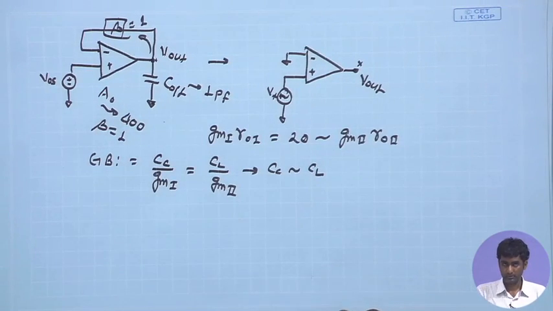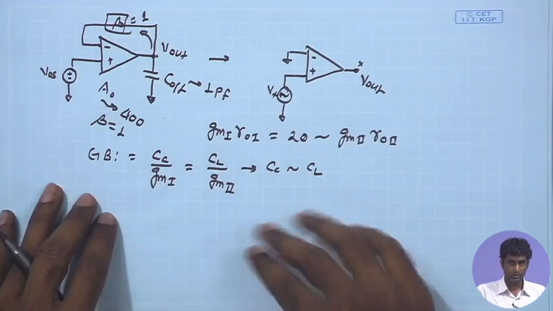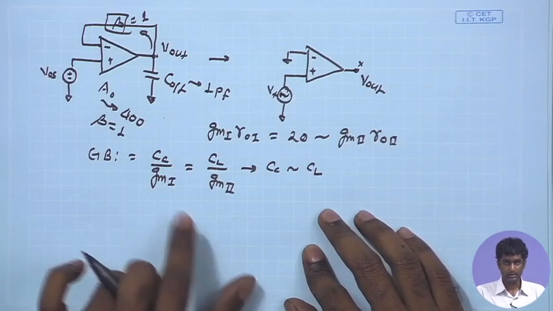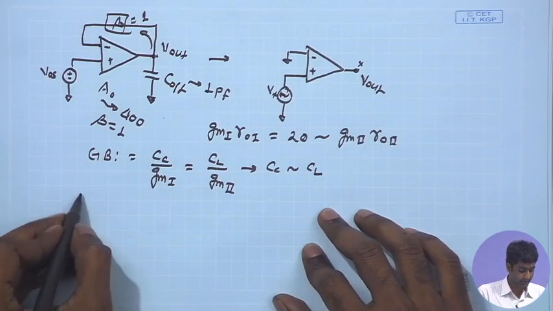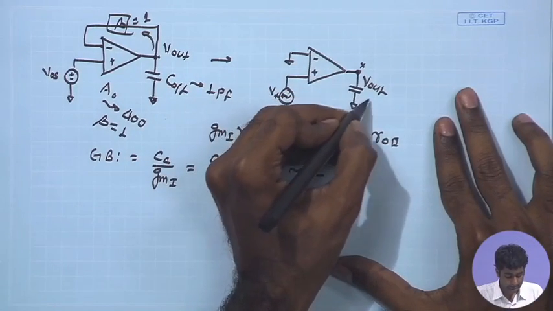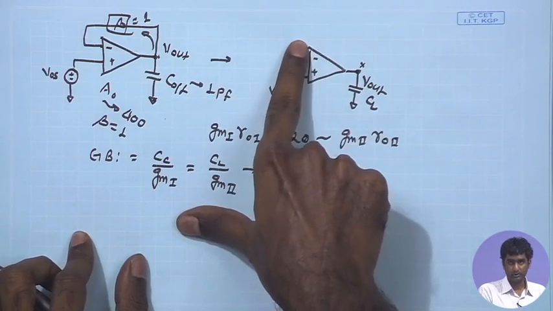We have the gain which is also known to us. We also need to see what is the overall bandwidth which we are going to get. So, the overall bandwidth in this case for the open loop condition, which has the Cl and the Cc within the output of the first stage and second stage.